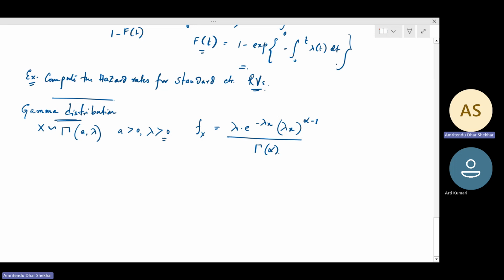This gamma of alpha comes from the so-called gamma function.